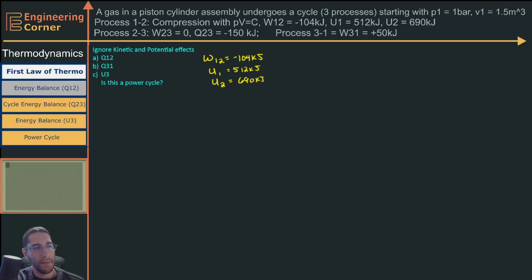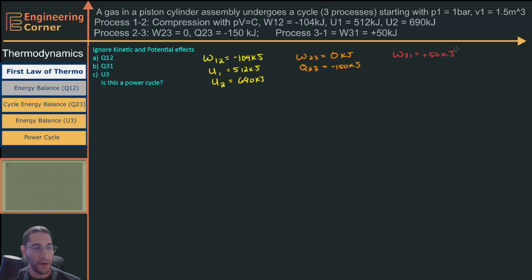Now we're told that in process 2, work 2 to 3 is equal to 0 kilojoules, and our heat transfer 2 to 3 is equal to minus 150 kilojoules. Finally, for process 3 to 1, our work 3 to 1 is equal to plus 50 kilojoules.